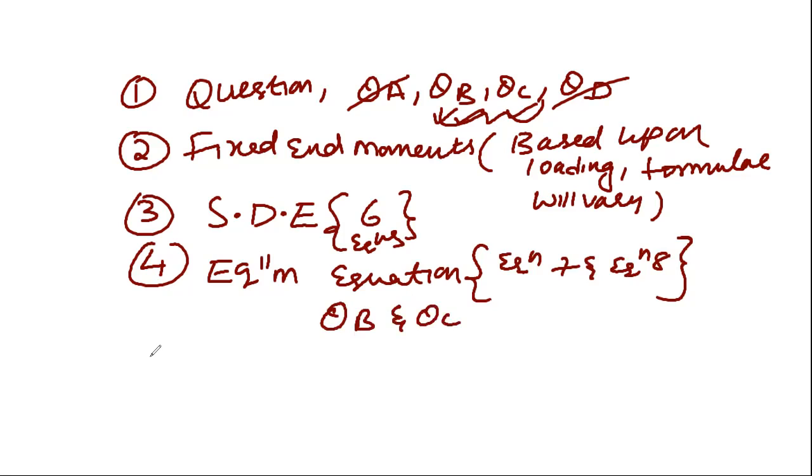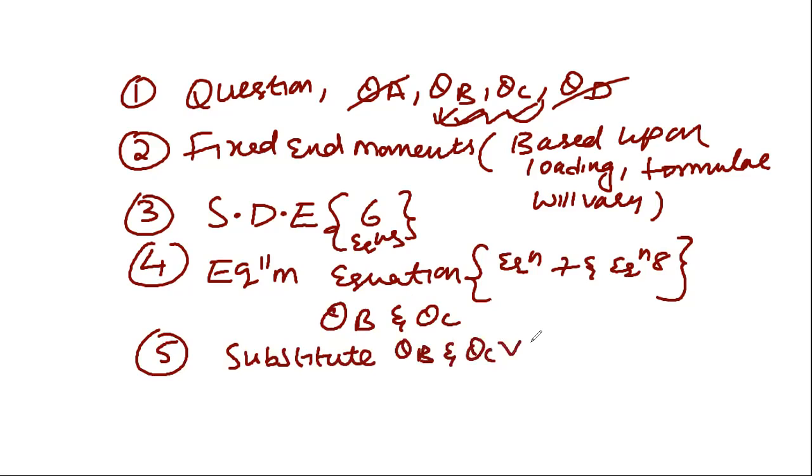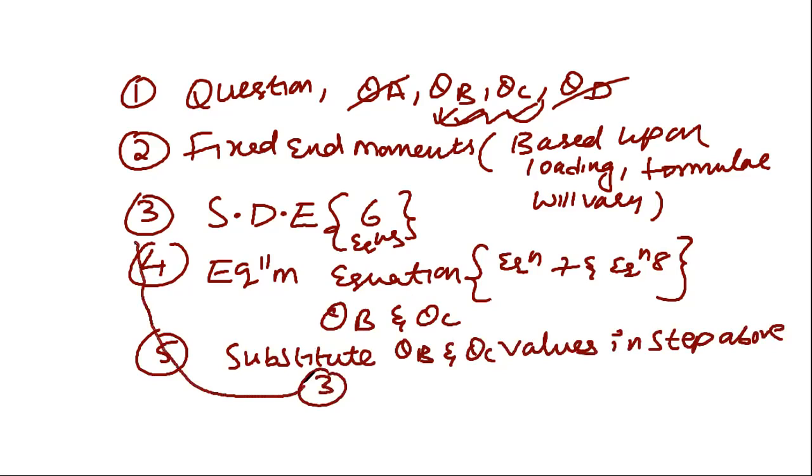Once after getting theta B and theta C values, substitute theta B and theta C values in step 3 above, the third step. After getting this, we got final moments.